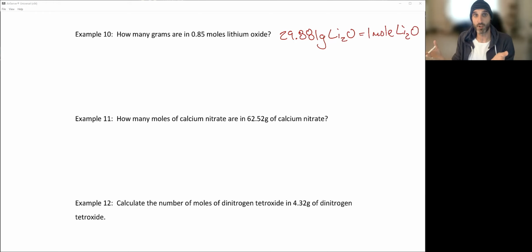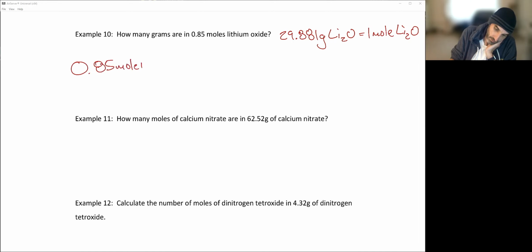So that's our conversion factor. Grams per mole allows us to use that as a conversion factor. So if I have 0.85 moles of lithium oxide, I set up a conversion. I want moles of lithium oxide to cancel.